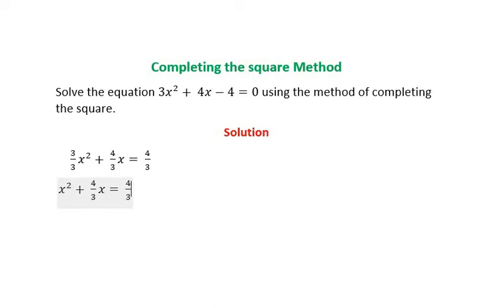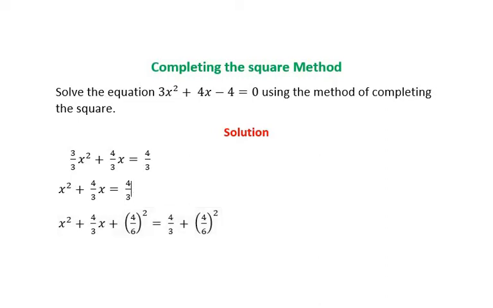Now we square it, and then we add it on both sides, the left hand side and the right hand side. So when we add to both sides, we get x squared plus 4 over 3x plus 4 over 6 squared equals 4 over 3 plus 4 over 6 squared. This 4 over 6 came in when you divide 4 over 3 by 2.